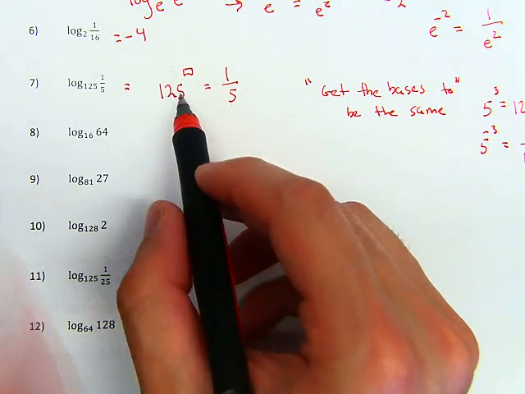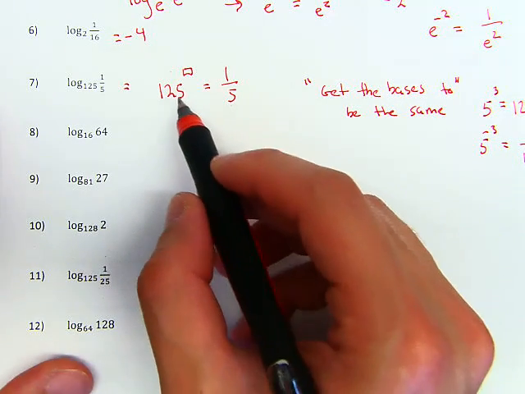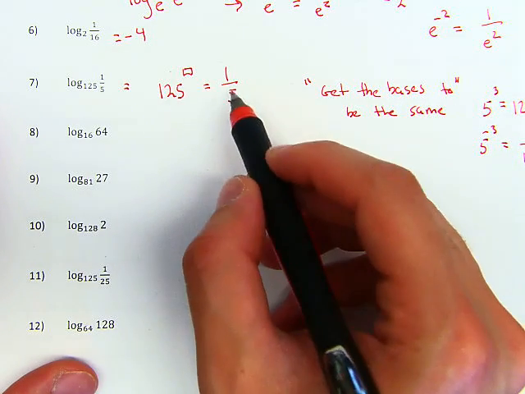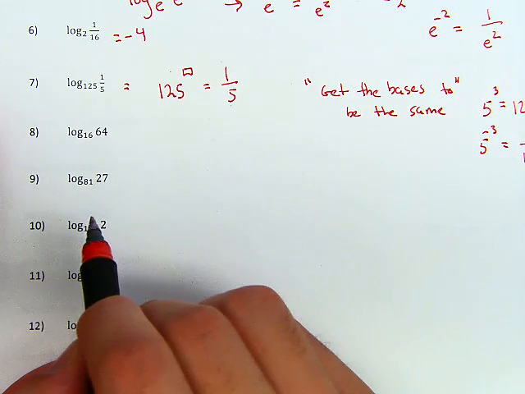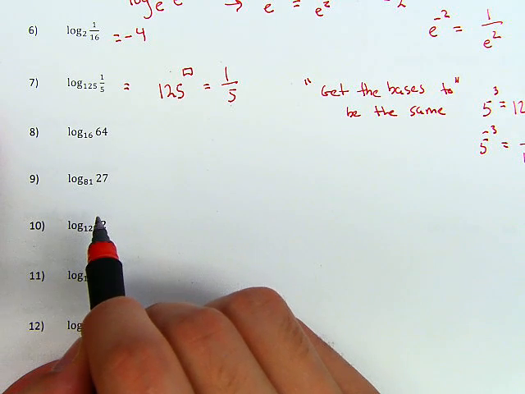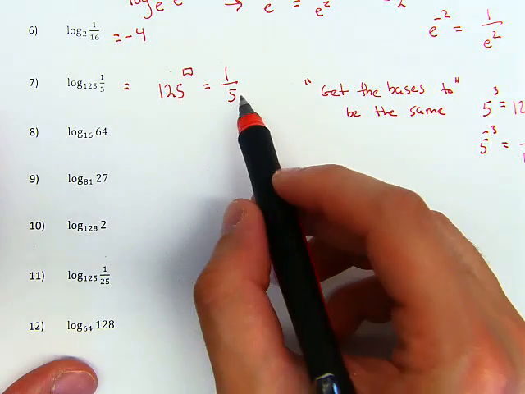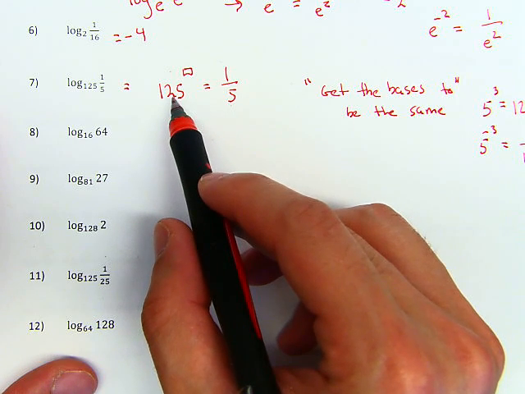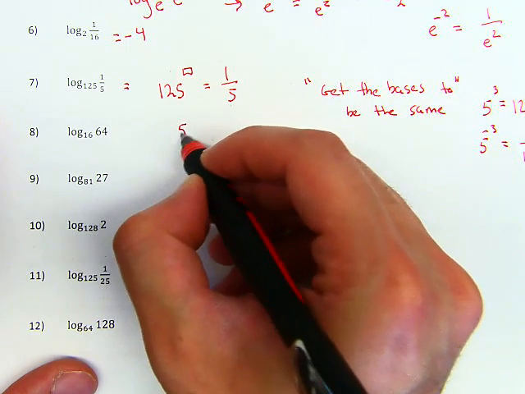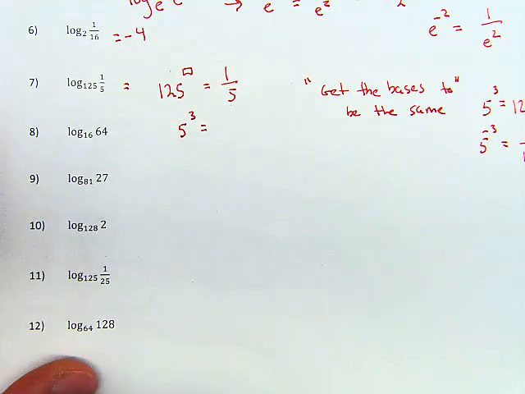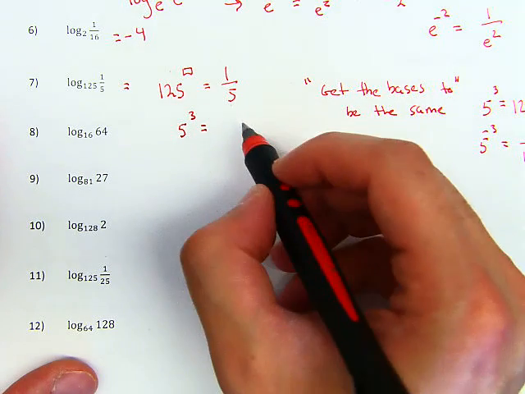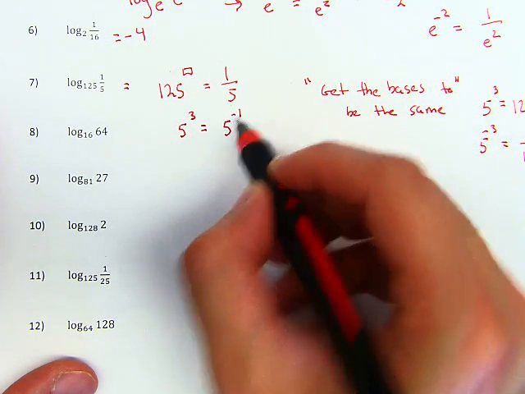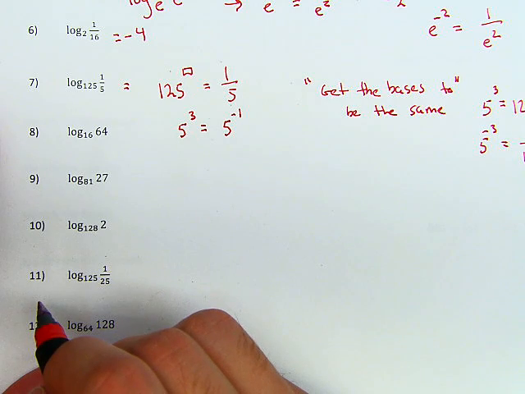Okay, so notice that 125 is equal to 5 to the 3. And 1 over 5 is equal to 5 to the minus 1. Right?